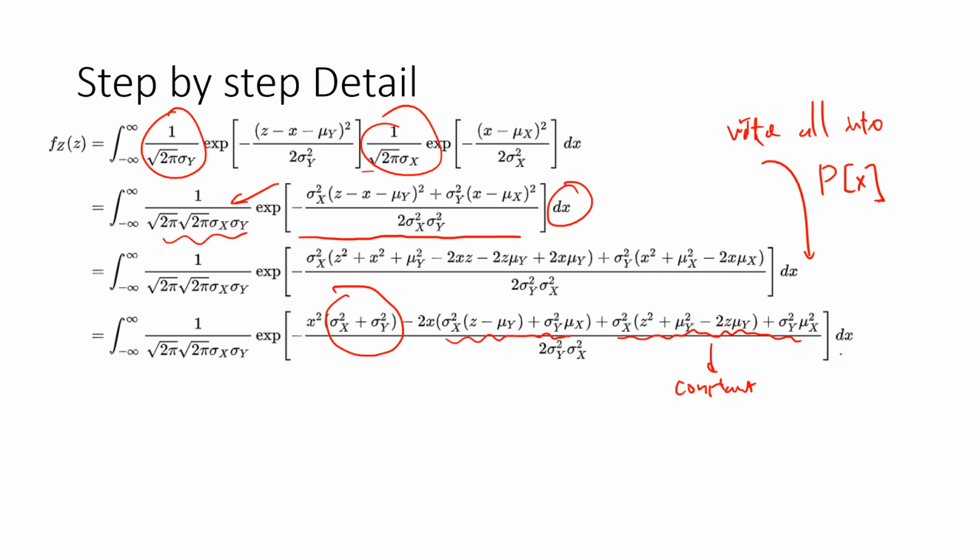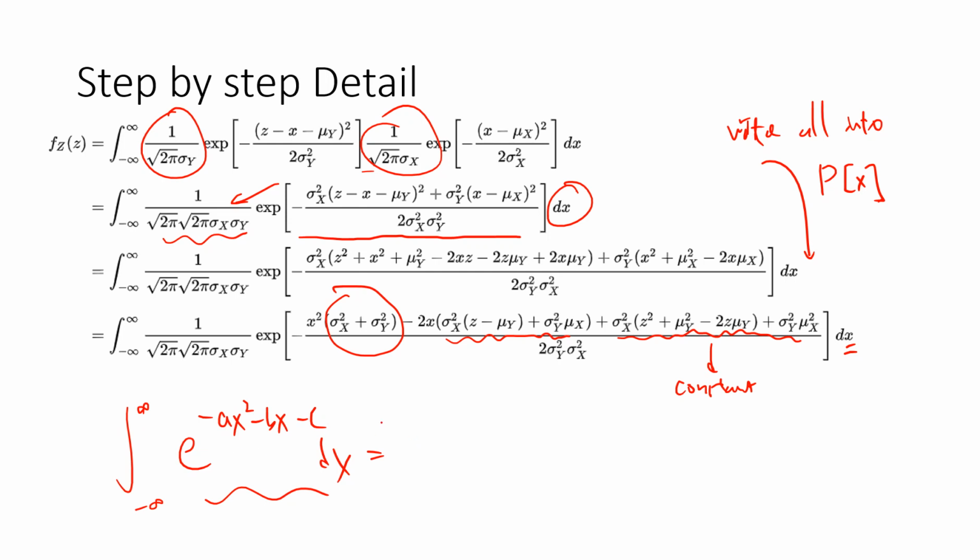Since we need to do the integral dx, you see this is like the integral of exponential of minus a x squared plus b x minus c dx. This can easily be done by just completing the square. Let's provide the final detail.